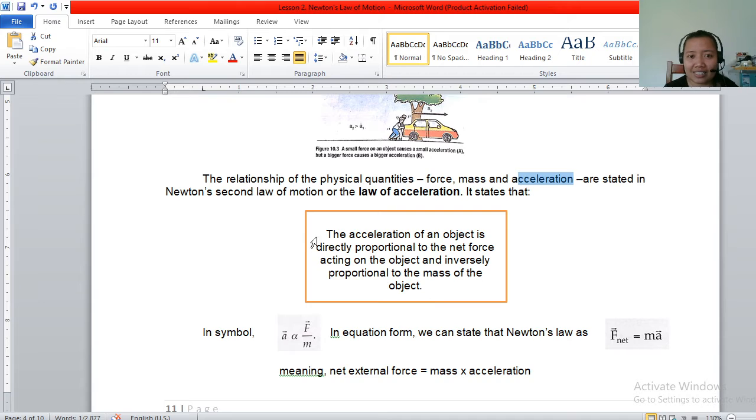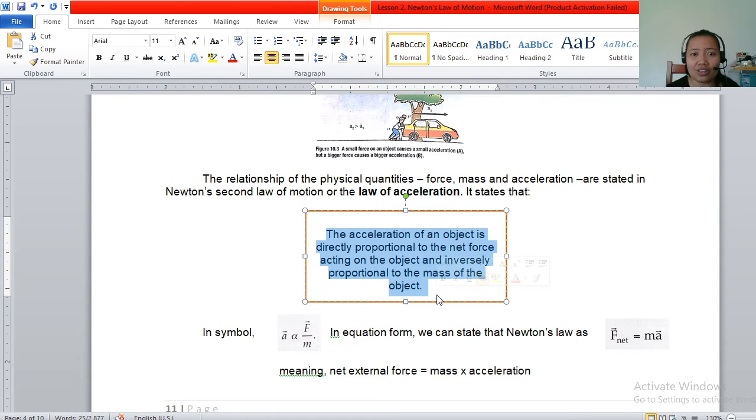So, let's change it to this statement instead. It says, the acceleration of an object is directly proportional to the net force acting on the object and inversely proportional, itong nasa baba, to the mass of the object.